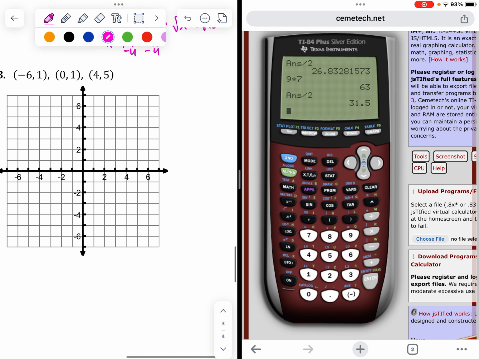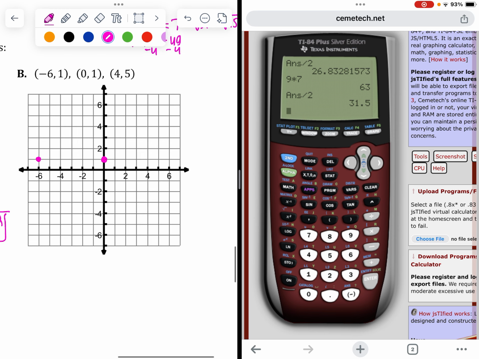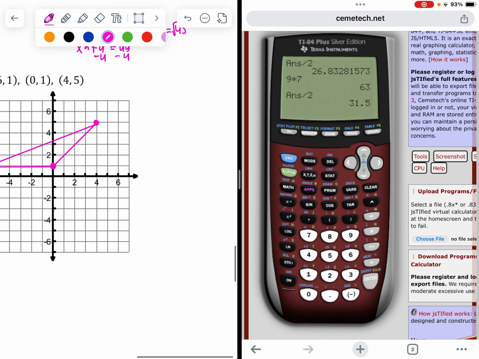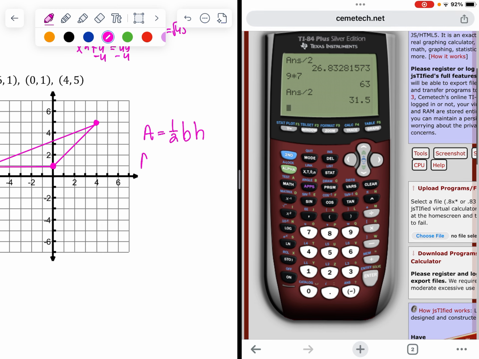All right, here's the next one. -6, 1, 0, 1, 4, 5. All right, so area equals 1/2 base times height. Area equals 1/2 times base times height.